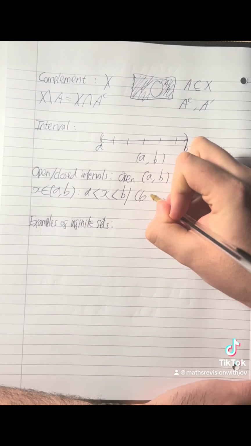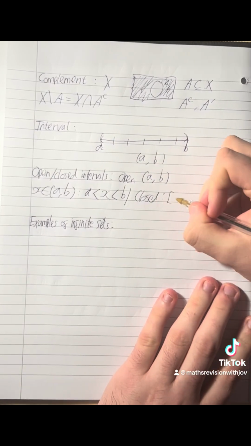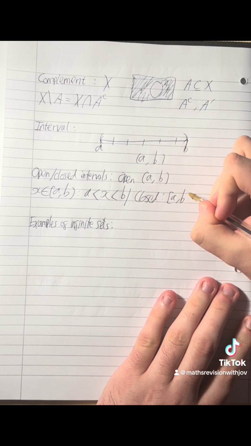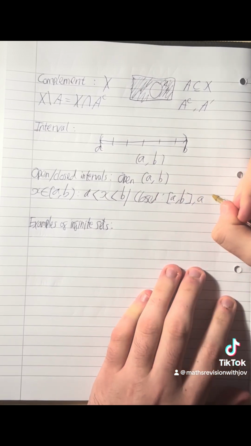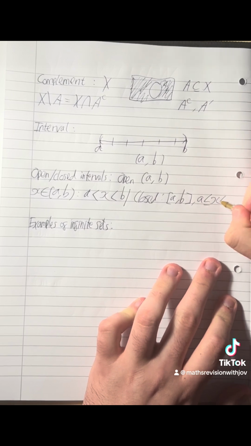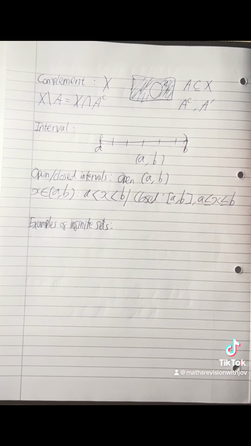Whereas closed is in square brackets, and that means that A is less than or equal to X, which is less than or equal to B. So A and B are in fact included.